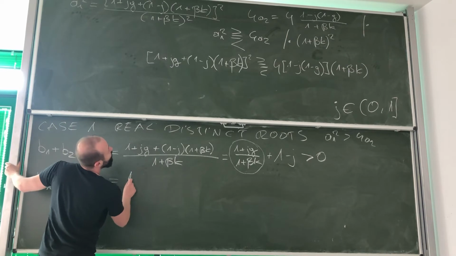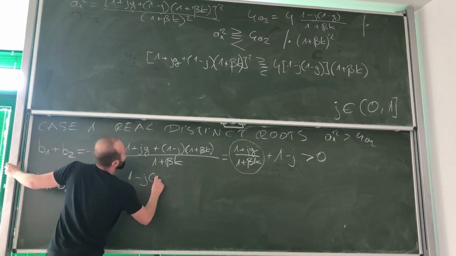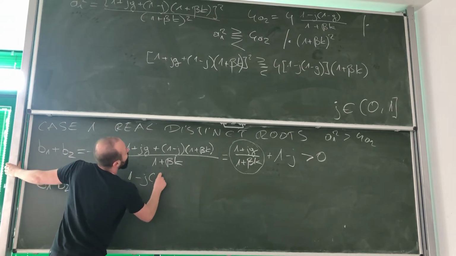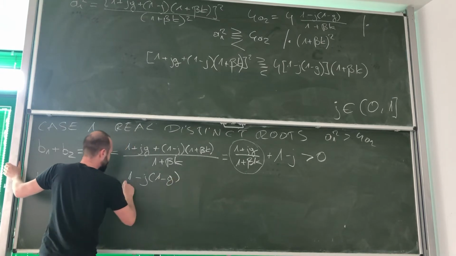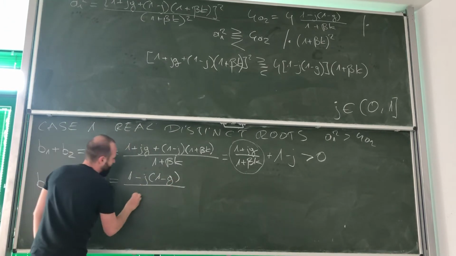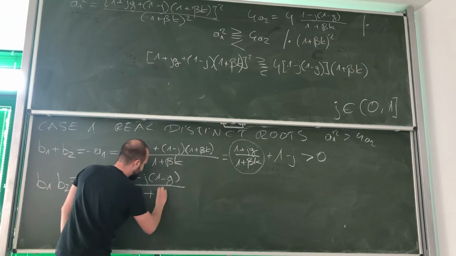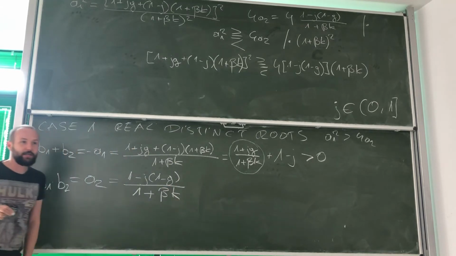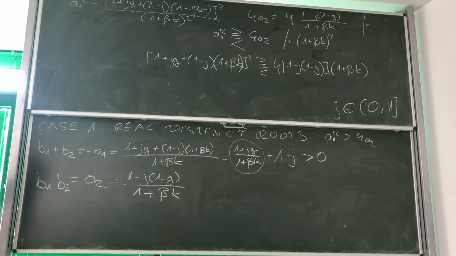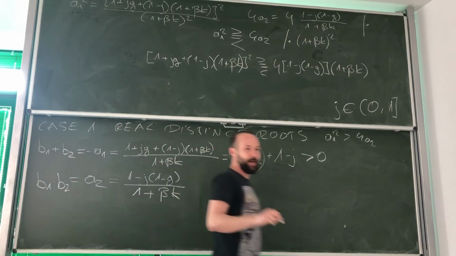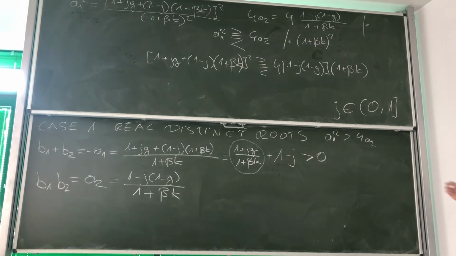This is simply 1 minus j times (1 minus g) over (1 plus beta k). And look, again, we are arriving at a very similar situation.